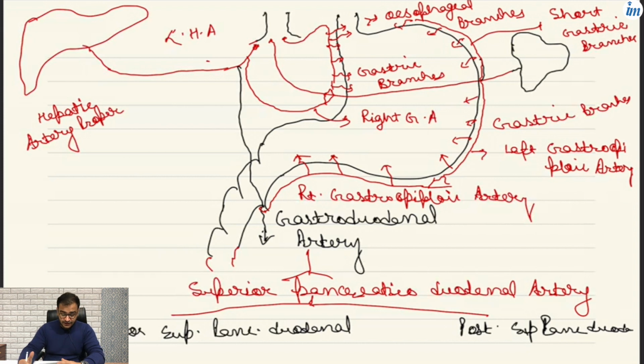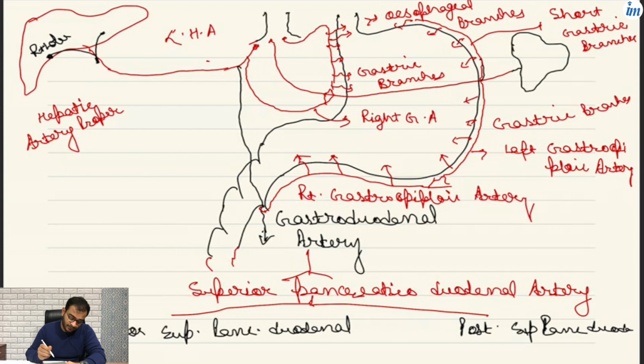Friends, another thing you need to keep in mind: when the common hepatic artery transforms into the hepatic artery proper, it goes to the liver and supplies the right lobe and the left lobe of the liver. Just imagine the right lobe of the liver.